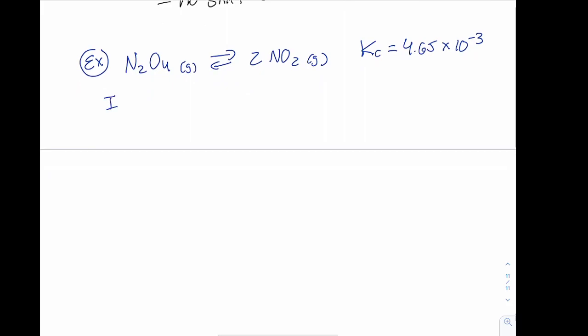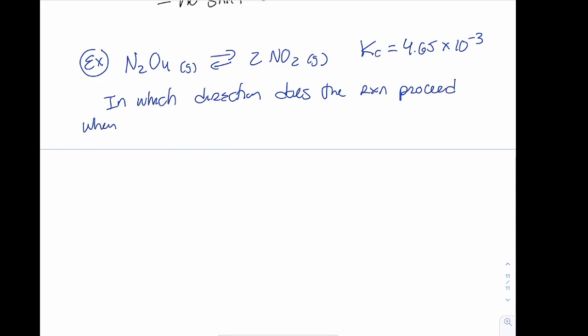What we're going to do is determine in which direction the reaction proceeds when our concentration of N2O4 is 0.0456 molar, and our concentration of NO2 is 0.589 molar.